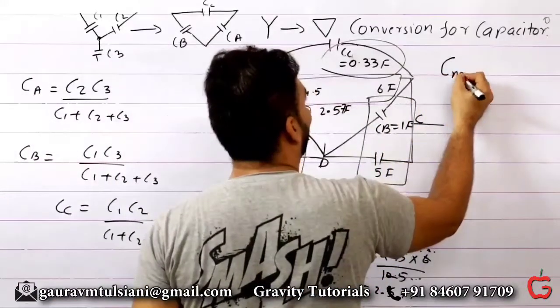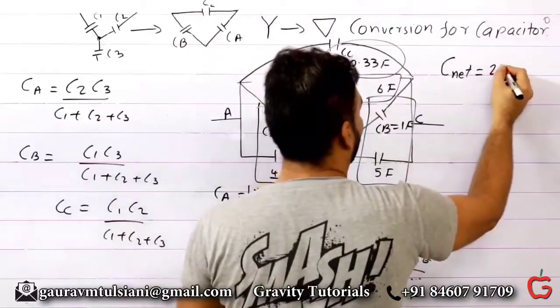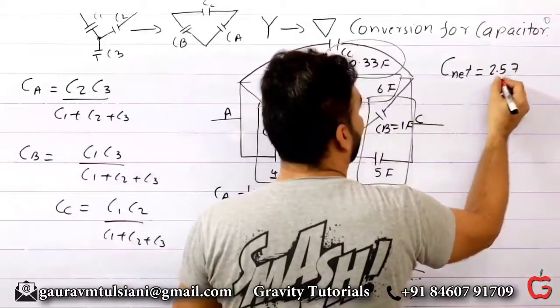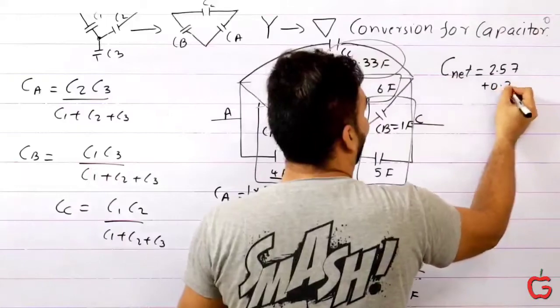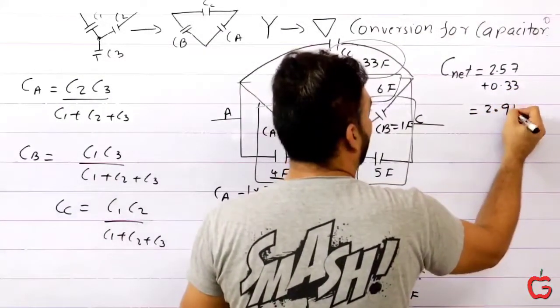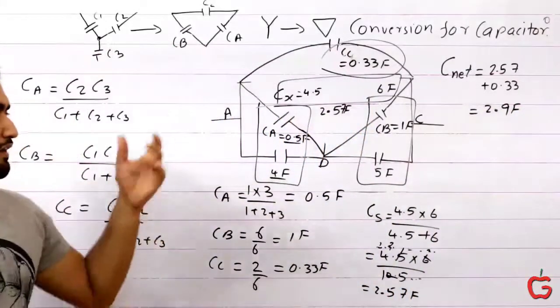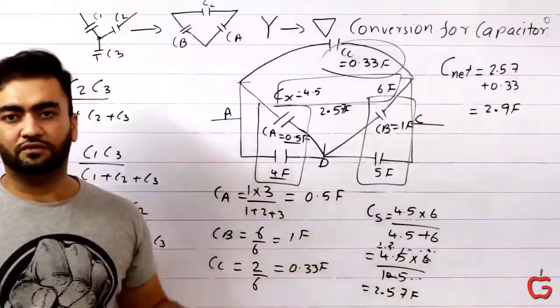So the net capacitance, the total capacitance, would be 2.57 plus 0.33 farad. So this is 2.9 farad capacitance. So again, if we wouldn't have used this formula, we would have to use Kirchhoff's rules.